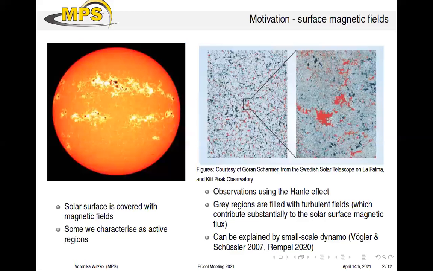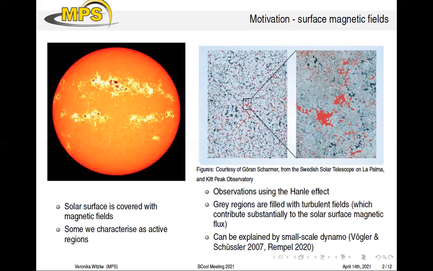So we've heard a lot about surface magnetic fields, and I still would like to give a small introduction. The surface of our sun is completely covered with magnetic fields, and these magnetic fields have different scales. Magnetic features are formed by large scale magnetic fields, and those we can characterize as spots, faculae and network.